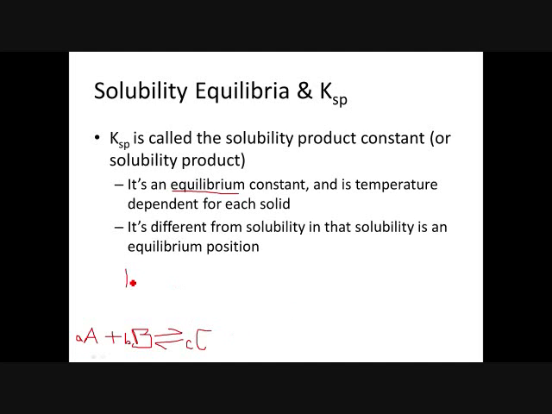But then we would have the K, the equilibrium constant, equal to products over reactants. So we would take the concentration of the products raised to the coefficient power over the reactants raised to each of their coefficients. And then we would solve using this.